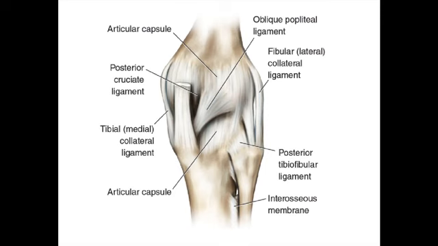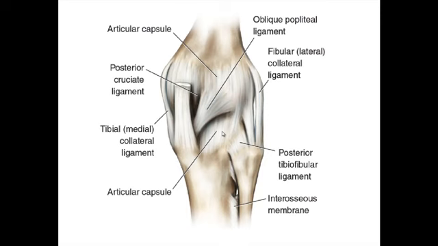The capsule itself is a very large and complex structure with a lot of attachments. Posteriorly, the capsule is attached to the femoral condyles and the femoral notch. So here is the femoral attachment of the articular capsule, and it runs inferiorly down through the intercondylar notch and attaches to the posterior tibial condyles.